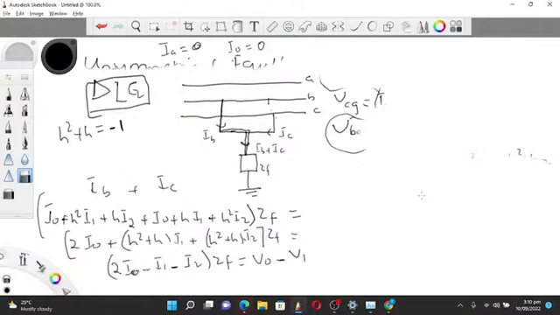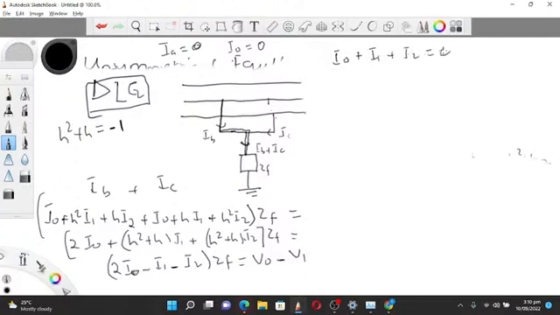And then from here, we know that I0 plus I1 plus I2 should give us 0. Which means that I0 is equal to negative I1 minus I2.